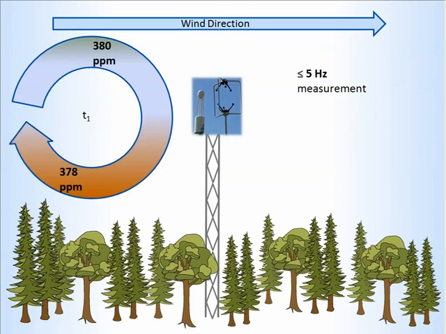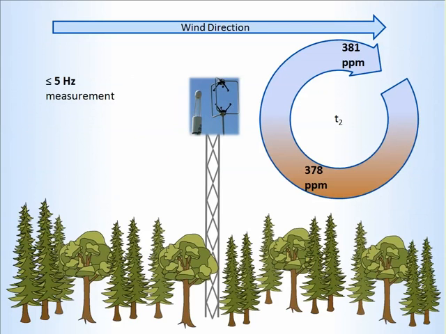For the same eddy measured with a sampling rate of 5 Hz, when the instruments take measurements at time 1, the eddy is away from the tower. However, when the instruments take the next measurements at 2/10 of a second, the eddy has already passed the tower, so this eddy measurement is missed.